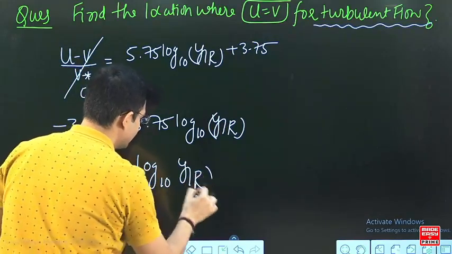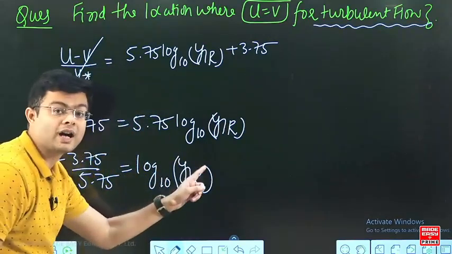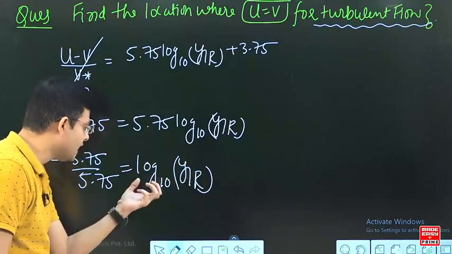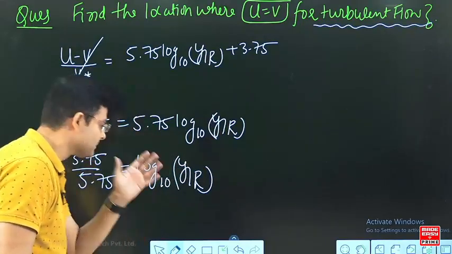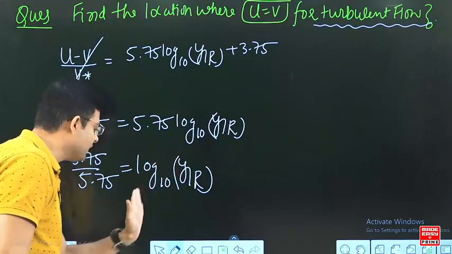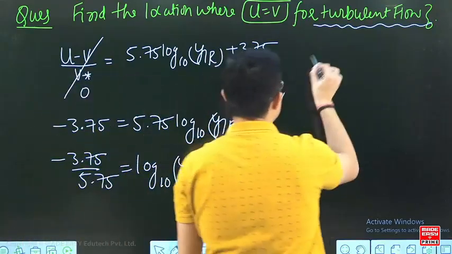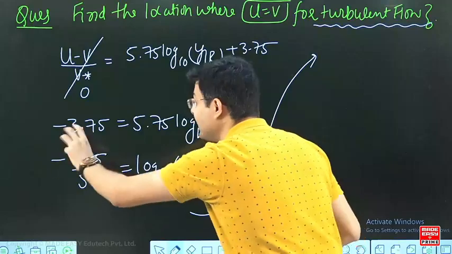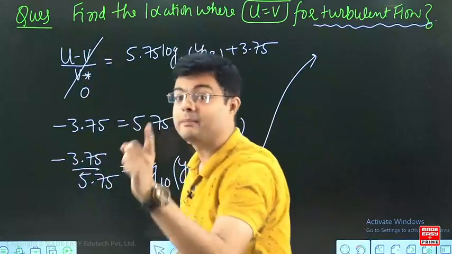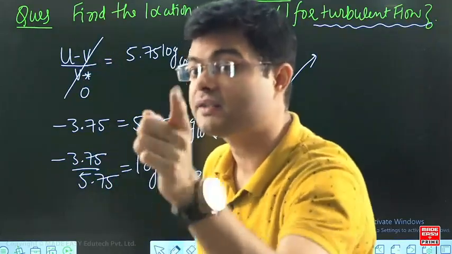You need to find out the value of Y. For finding the value of Y, you have to remove this log. So how to remove the log? Take it to that side. It will become 10 to the power. Remember, this is not log base e, this is log base 10.